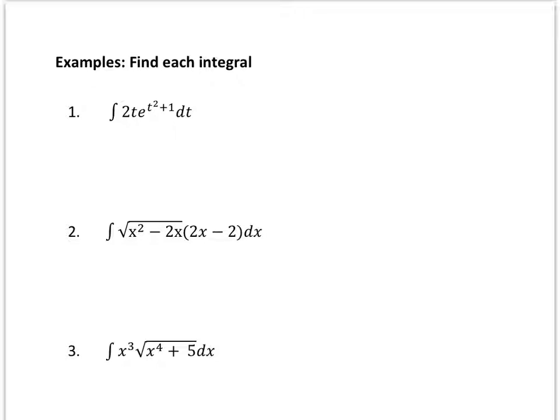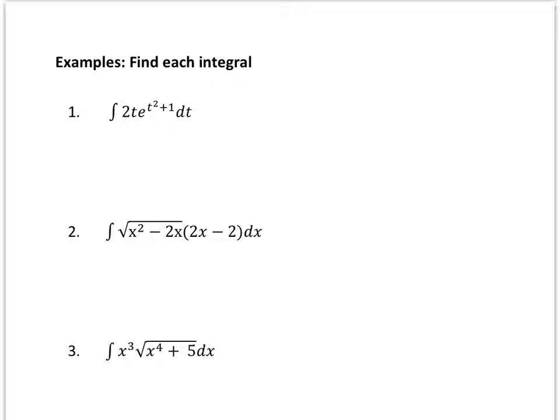So the first thing I check for to see if I need substitution, my first clue is, does this look like a really complex integral? Okay, I can do that really quickly. And then my second follow-up question is, is there a product or a quotient that I can't simplify just to be a sum or difference? So am I stuck with two things multiplied or divided? This one fits because there's nothing I can do to 2t times e to the t squared plus 1 for it to end up to be just a single function or the sum or difference of functions.